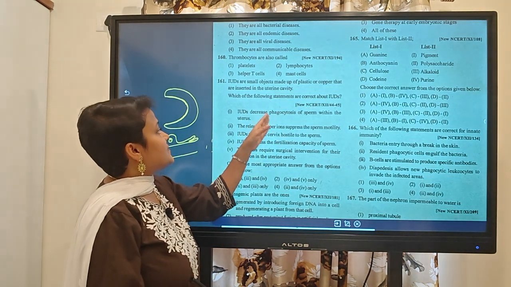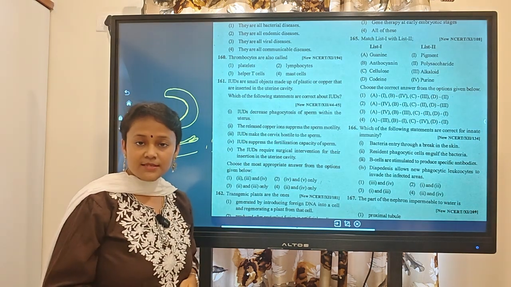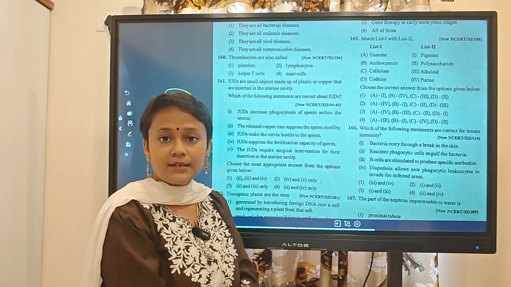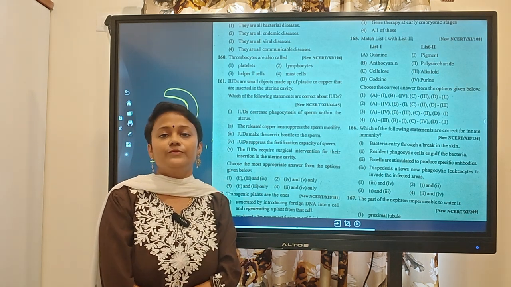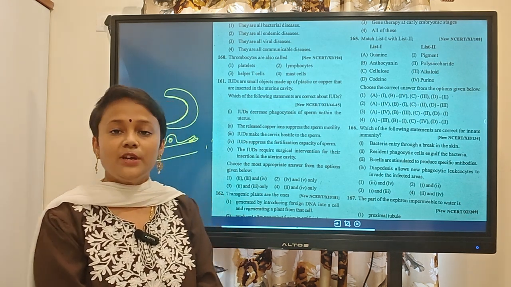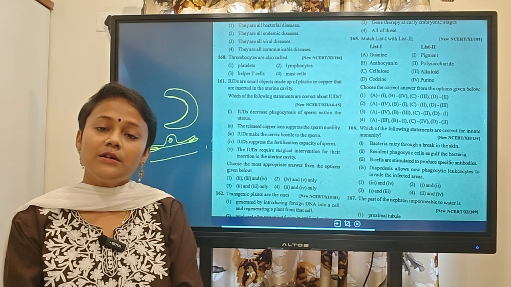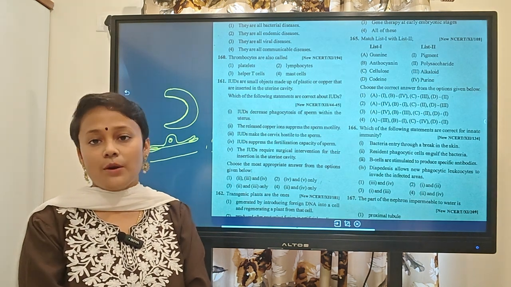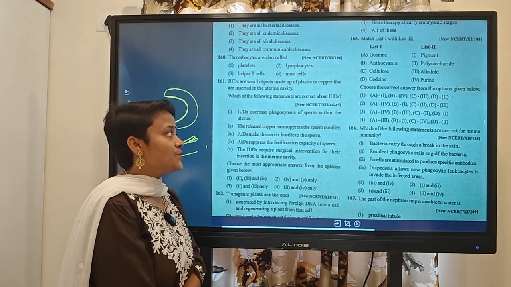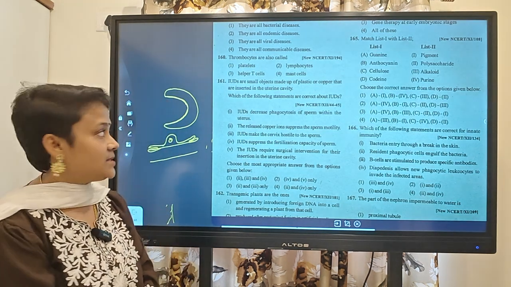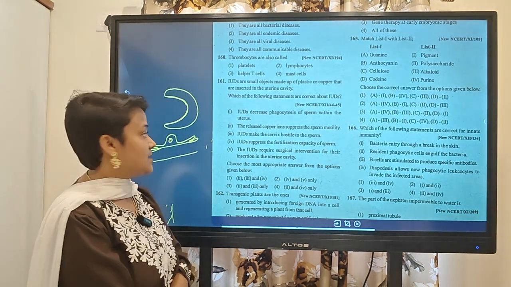IUDs decrease phagocytosis. Is it decreasing? No. It will increase the phagocytic capacity of the uterine lining, so that whenever the sperm enters, it can engulf the sperm, right? So it will increase the phagocytosis of sperm within the uterus. So the first statement will not be the answer.